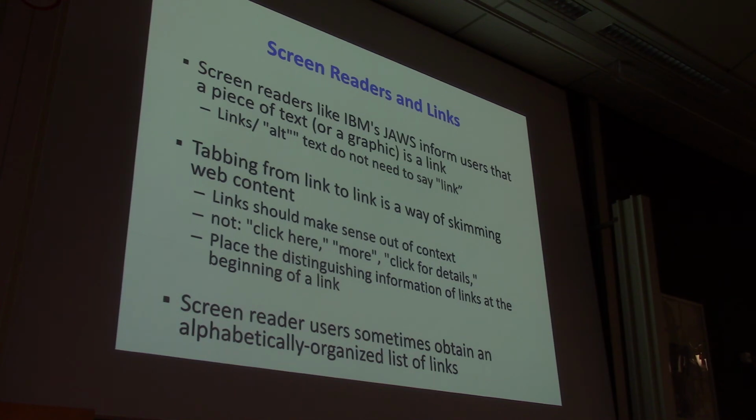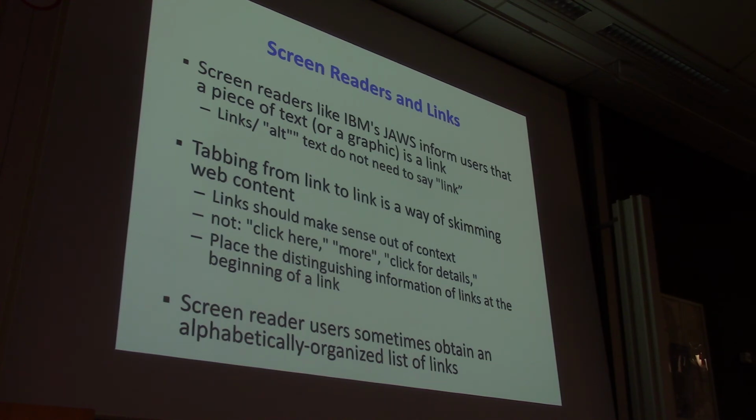So one way to make life better for people using screen readers, but also for ordinary web users, is to think about how you design your hyperlinks. If a piece of text is a link, right, there's a link markup in your HTML, an A href or whatever around it, and the screen reader will know it is a link.